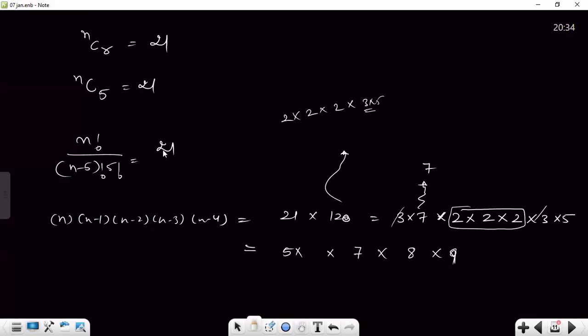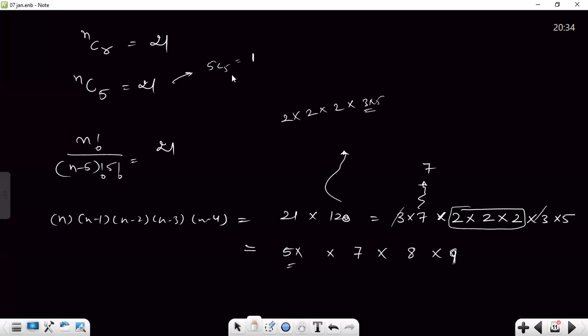Now nC5 is 21. So let's assume that n is 5 here, because the least prime factor is 5 here. Let's try assuming n is 5, whether we'll get 5C5 as 21.